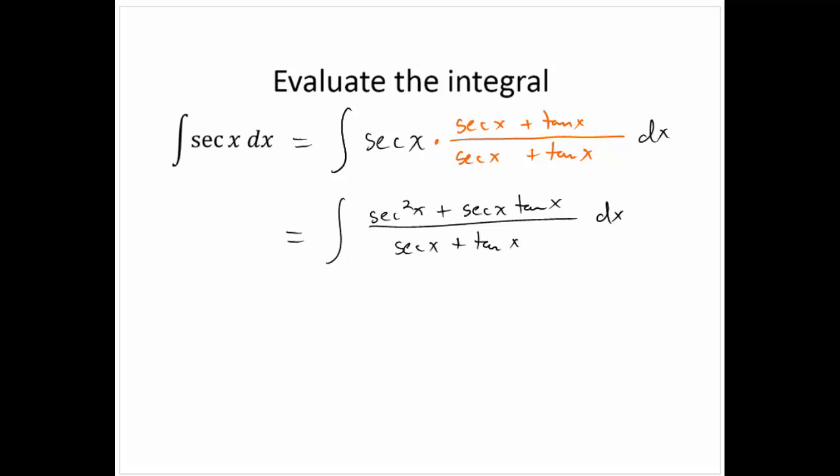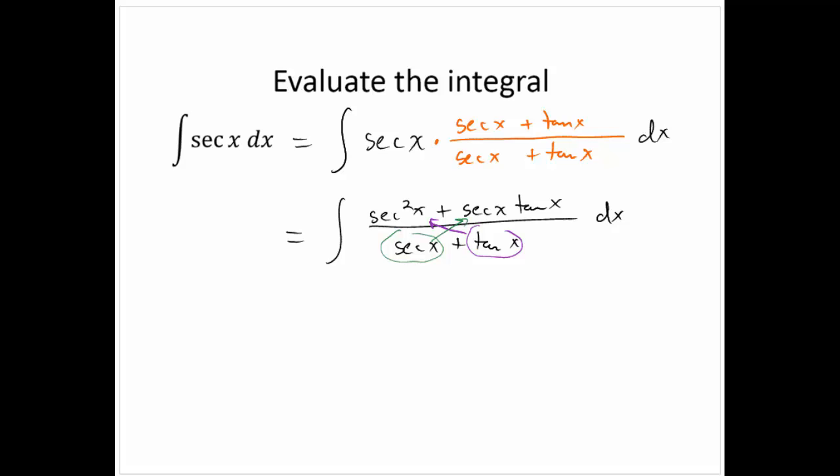Now if you look at this, you say, wait a second, something familiar here. You should maybe recognize that the derivative of tangent x is secant squared x, and that the derivative of secant x is secant x tangent x.